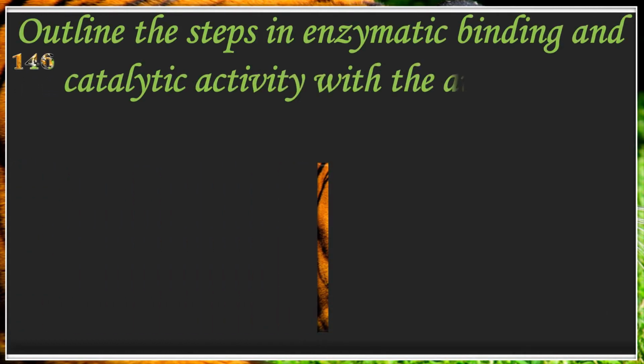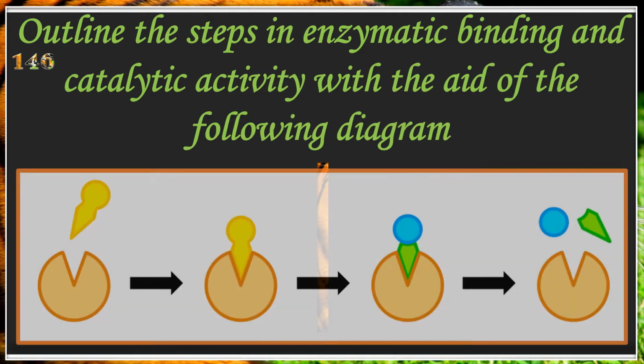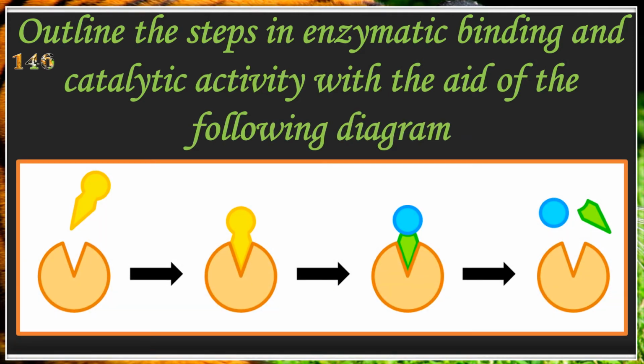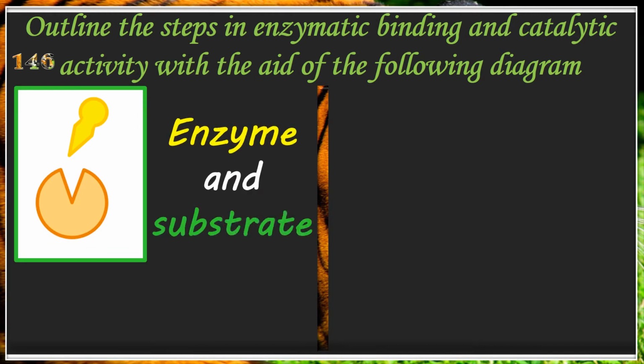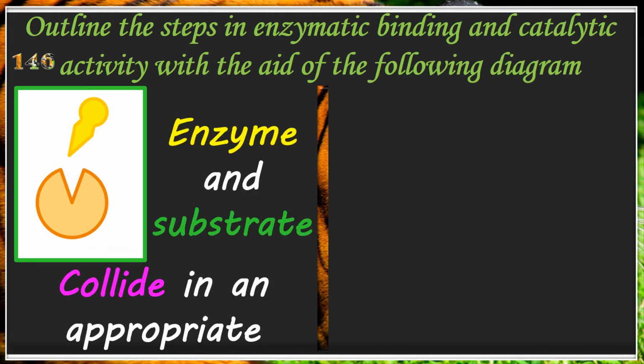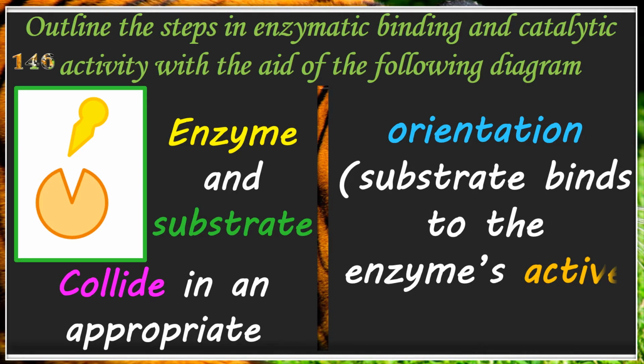Outline the steps in enzymatic binding and catalytic activity with the aid of the following diagram. Enzymes and substrate collide in an appropriate orientation.